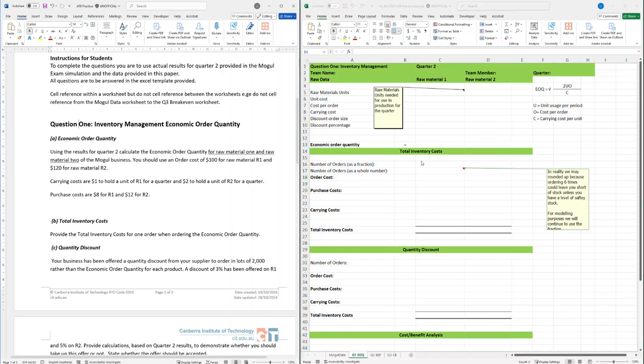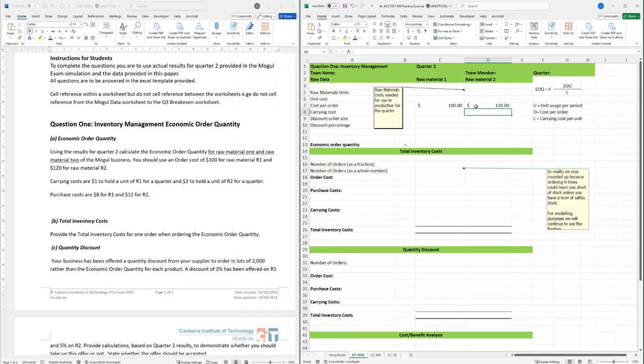You should use the order cost of $100 for material 1, and $120 for raw material 2. Therefore, we'll put in 100 here and 120 here.